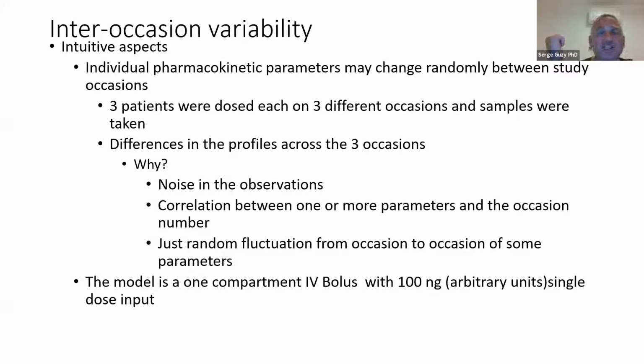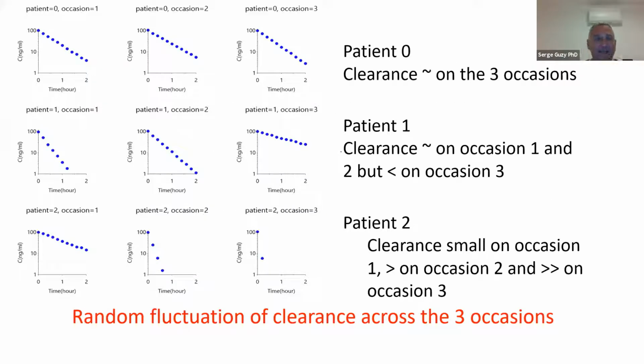We use inter-occasion variability when you have trials like a crossover study, or a multiple dose study where you collect data after the first dose and then at steady state. Sometimes you can have a parameter that randomly fluctuates from occasion to occasion.